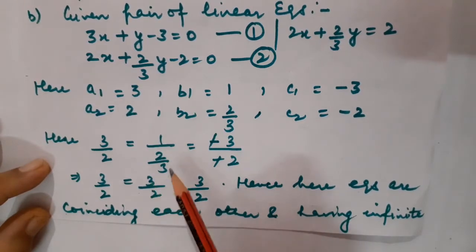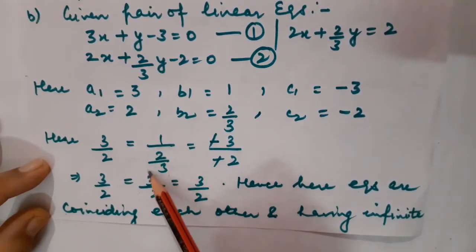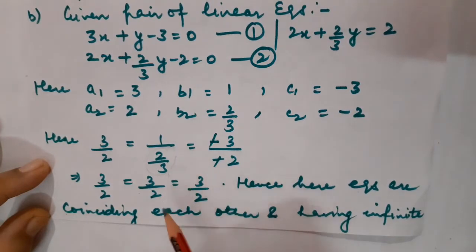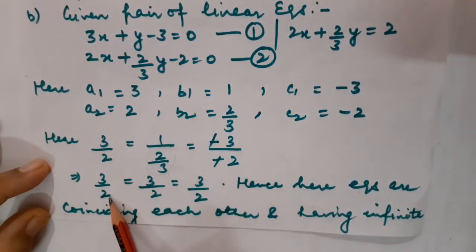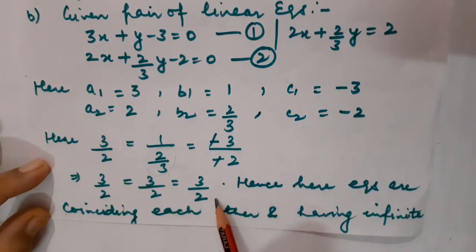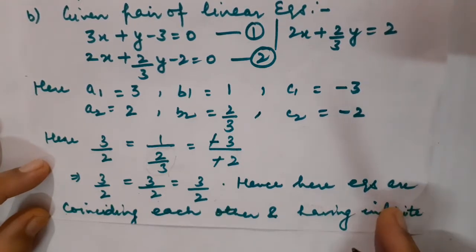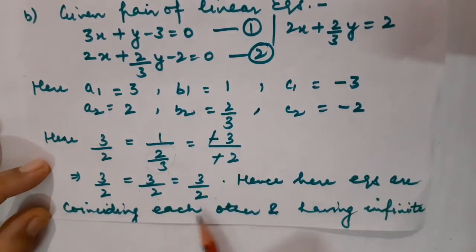So P will remain as it is and we have to take the reciprocal of Q upon R. So it would become 1 into 3 by 2. That is 3 by 2 is equal to 3 by 2 is equal to 3 by 2. So here the given pair of linear equation is not going to show no solution. In fact, the lines are coinciding each other and there will be infinitely many solutions.